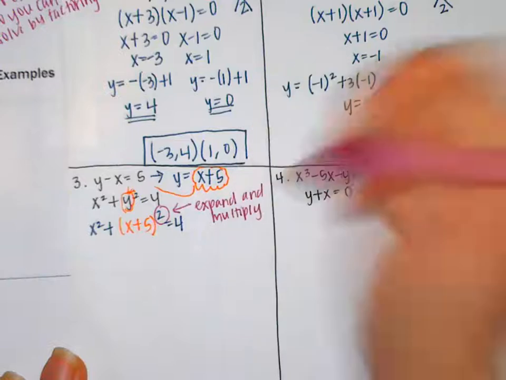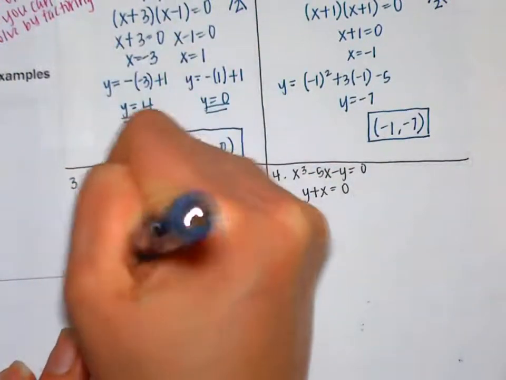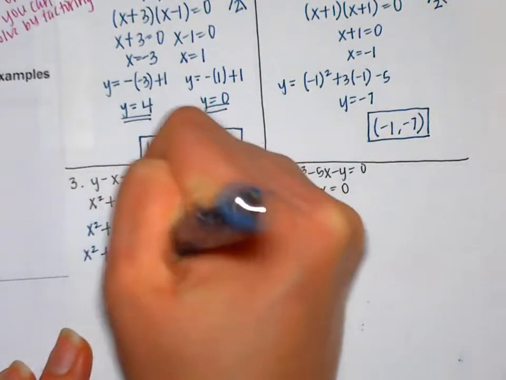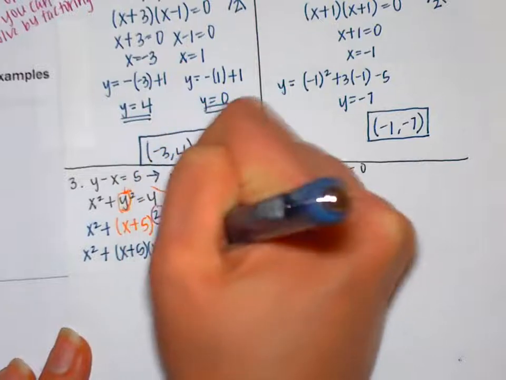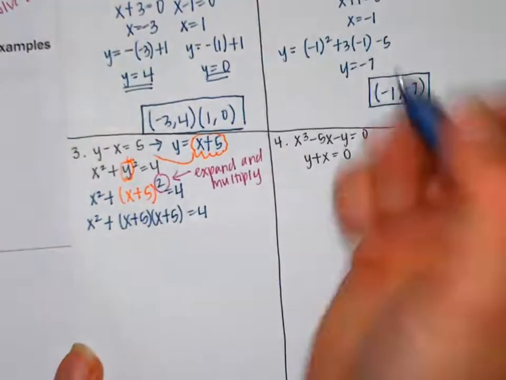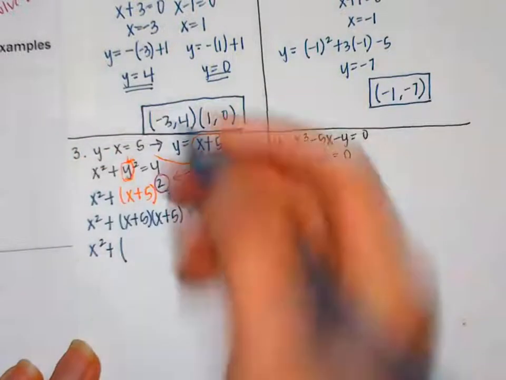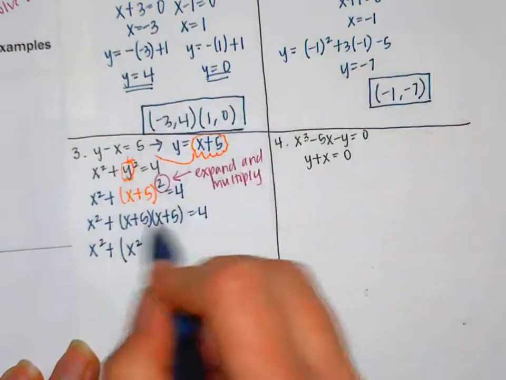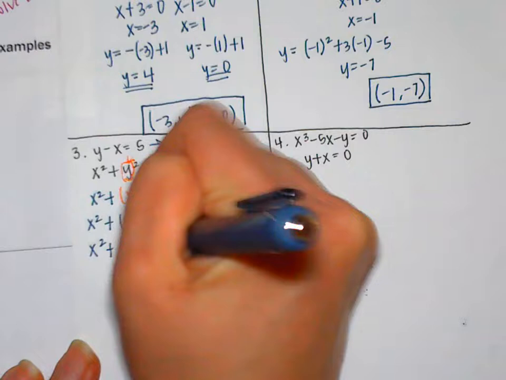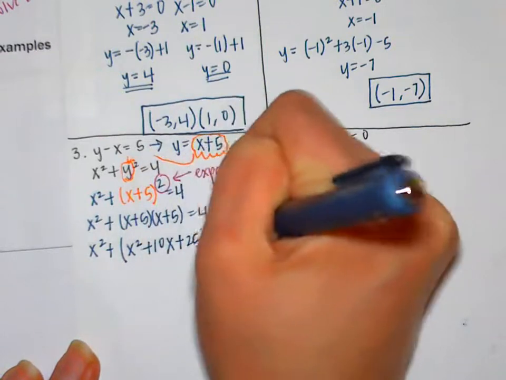So I need to do x squared plus, and I need to expand that out, x plus 5 times x plus 5 equals 4. And then I need to multiply that together. So x plus 5 times x plus 5, I'm just right now going to ignore this. And that's going to be x squared plus 5x, plus 5x, so plus 10x plus 25 equals 4.